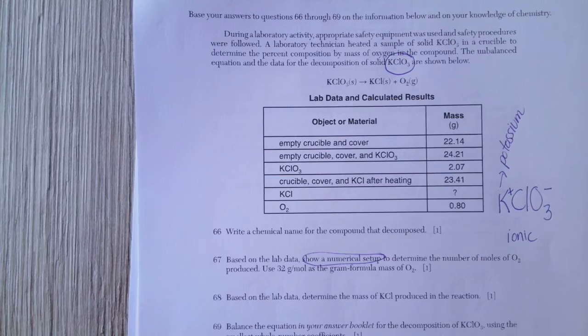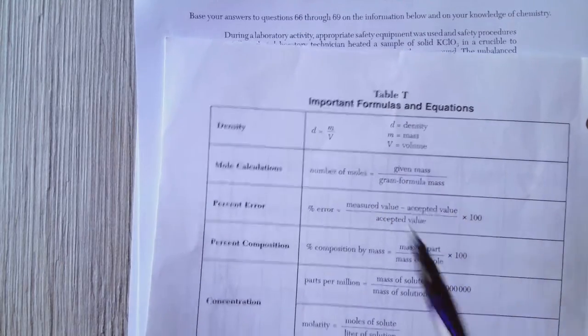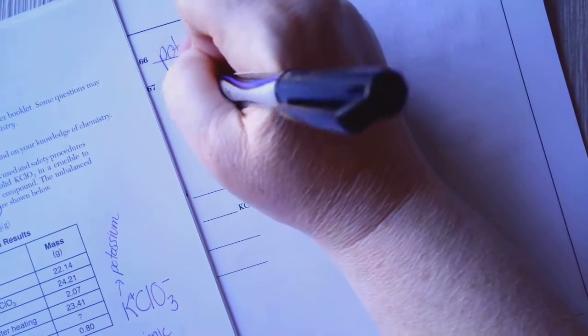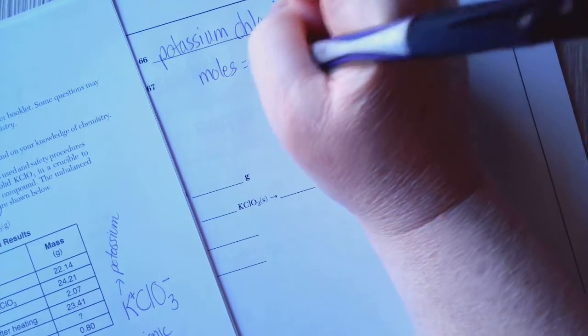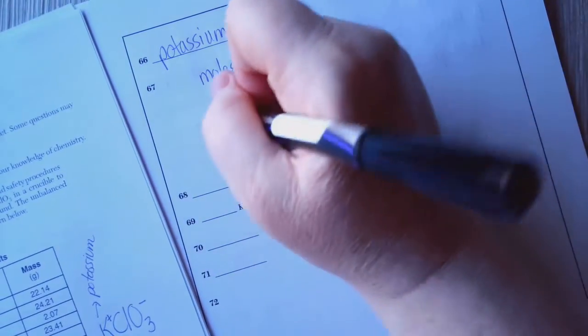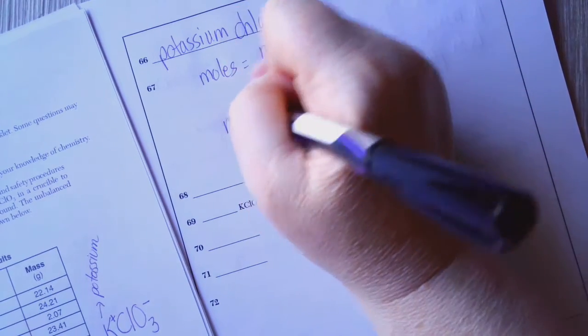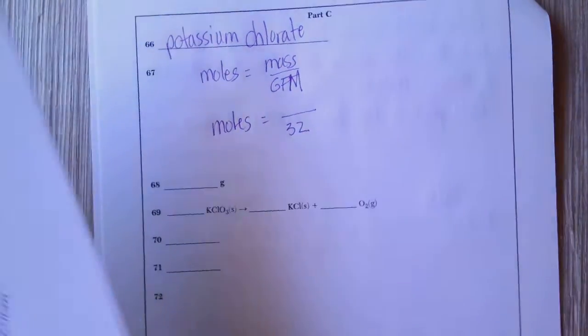So what I need to do is find the formula. If it says gram formula mass, I'm finding number of moles. I need the mole formula. So the number of moles is given mass over gram formula mass. So I'm going to write that. Moles equals mass over gram formula mass. Okay, so moles equals, they told me to use 32 for the gram formula mass.